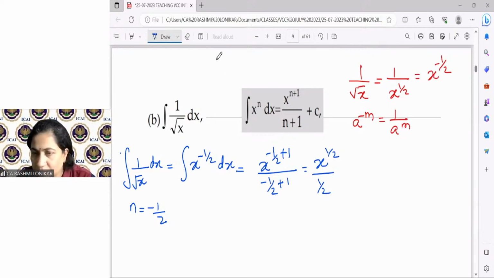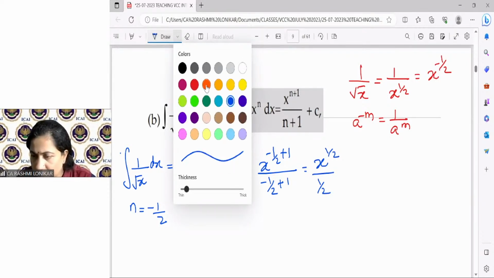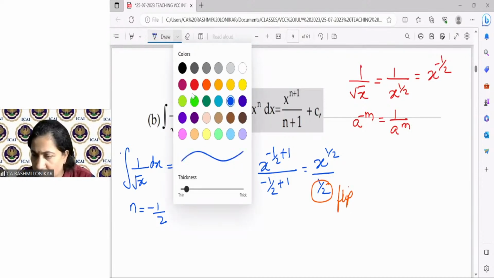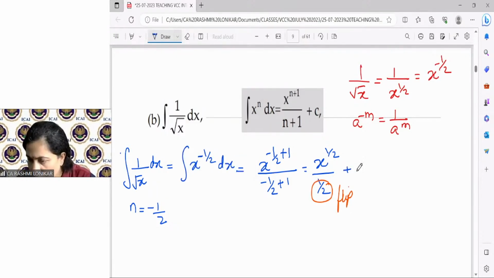Again, flip. Okay. And what will I get? This is equal to plus c. This is always plus c. This is equal to 2 x raised to half plus c.